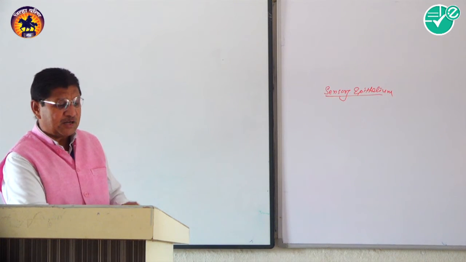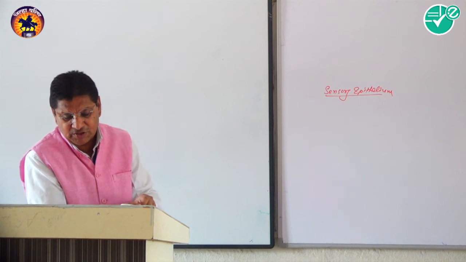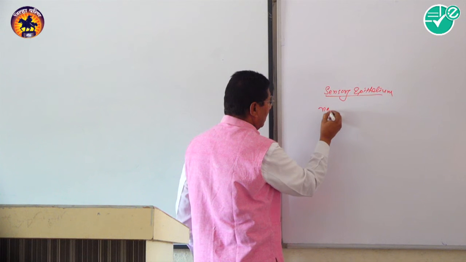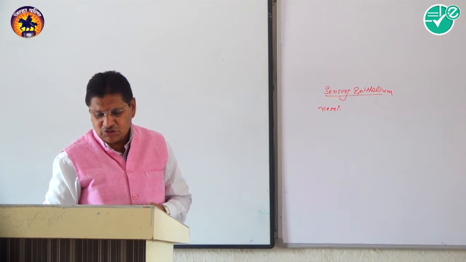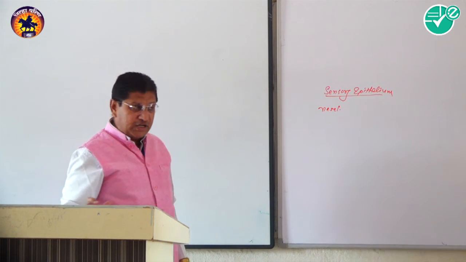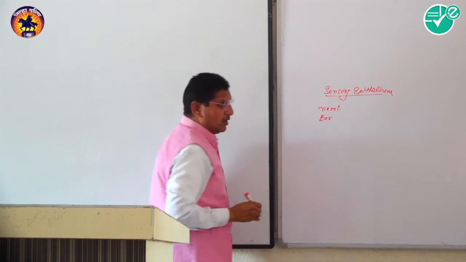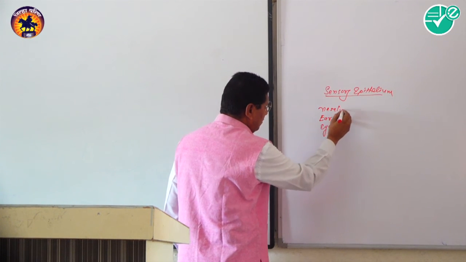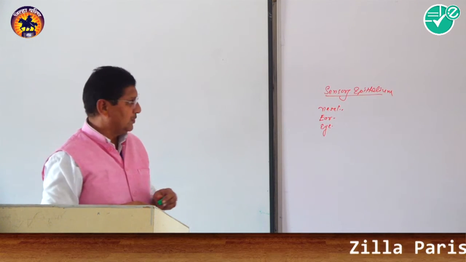Such types of cells are present in all sensory organs like the nasal organ, the ear organ and the eye organ. You know very well, these are the three sensory organs.